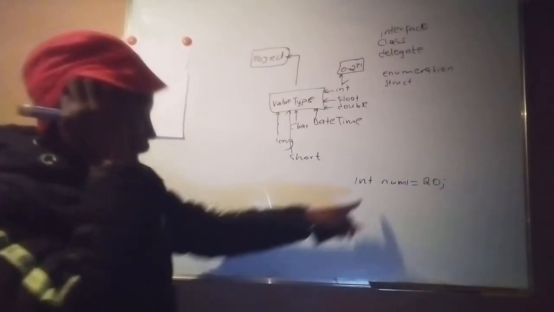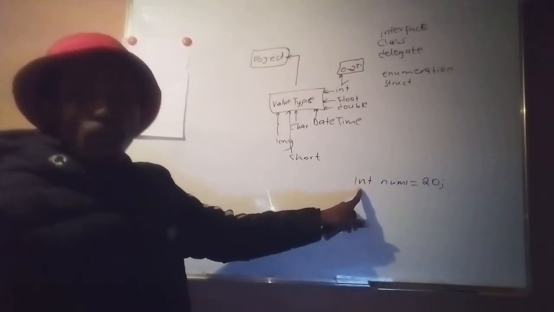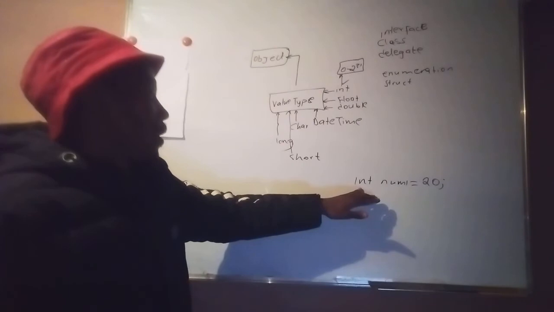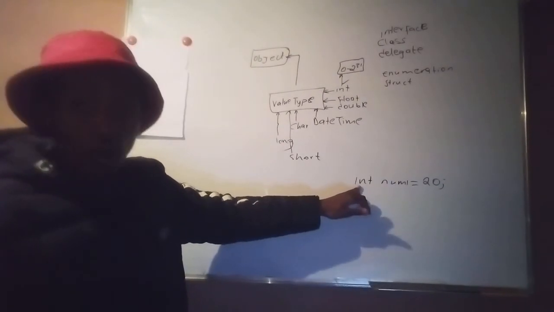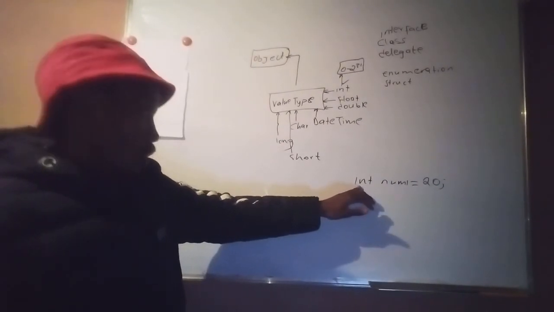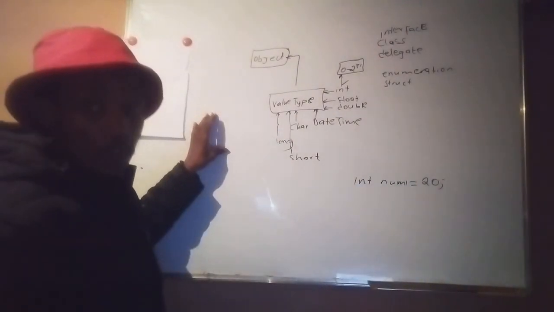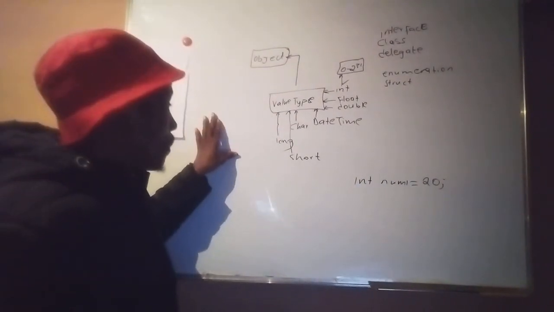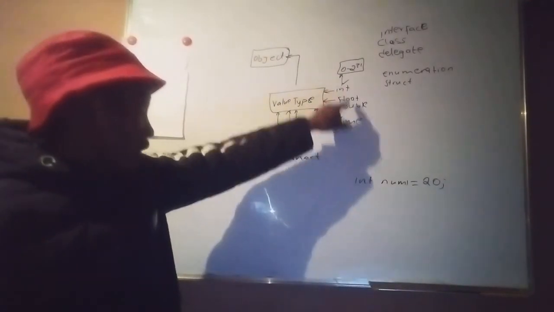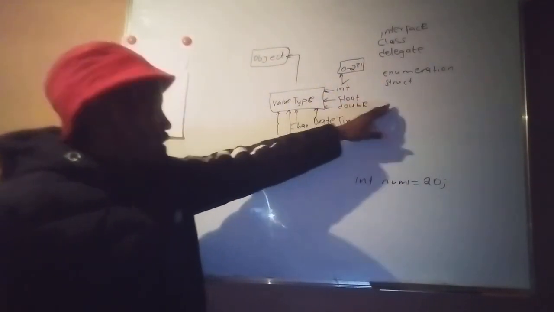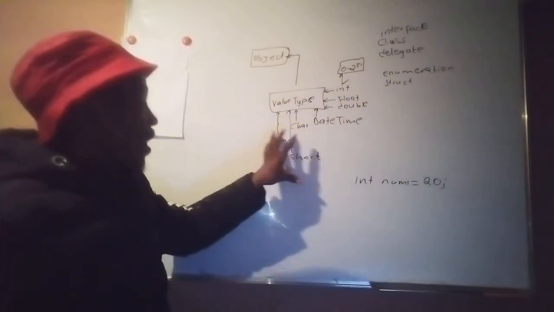Cool. So when the compiler comes to execute this line of code, it is going to look and see that this person wants to store an integer into memory. So it is going to go to your computer's memory, the stack part of your memory, because this is a value type. These are basically structures. Int is a structure; within .NET, it is defined as a struct. Floating point types, all these are value types.